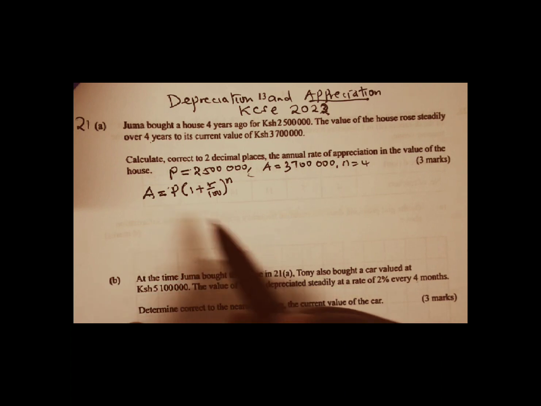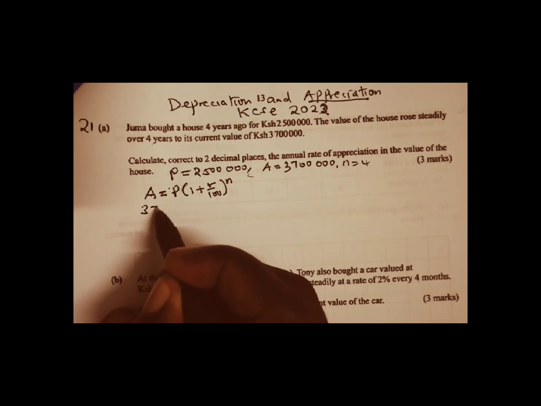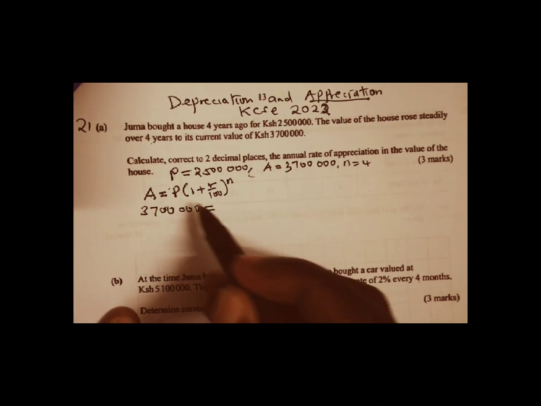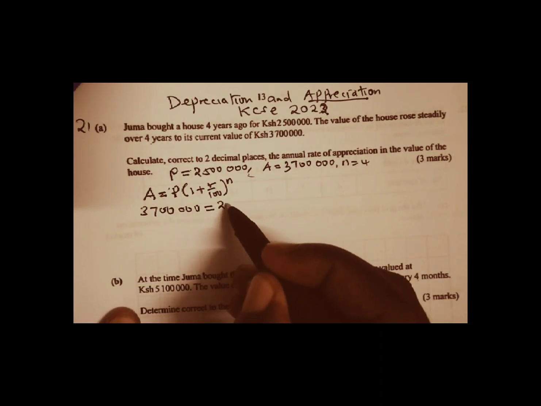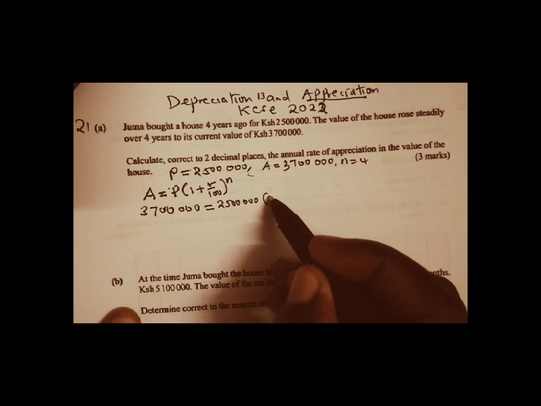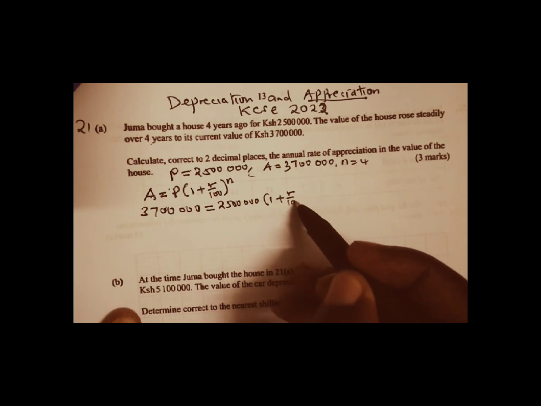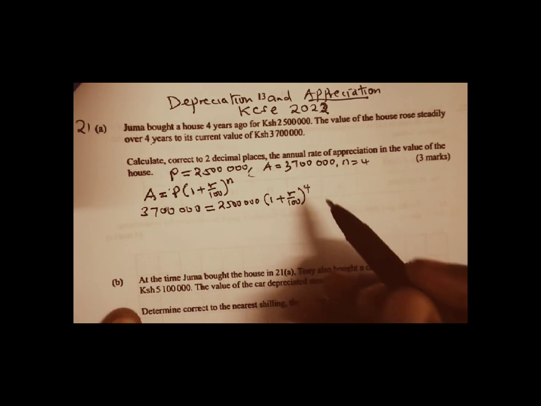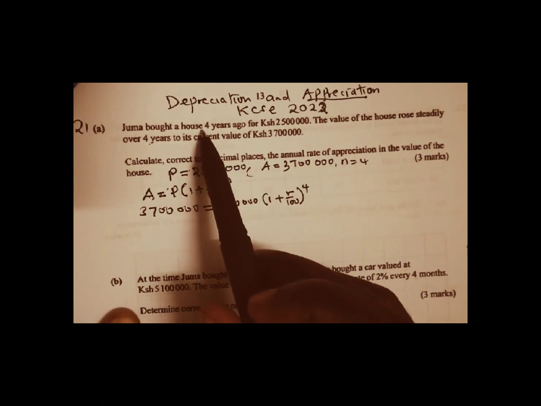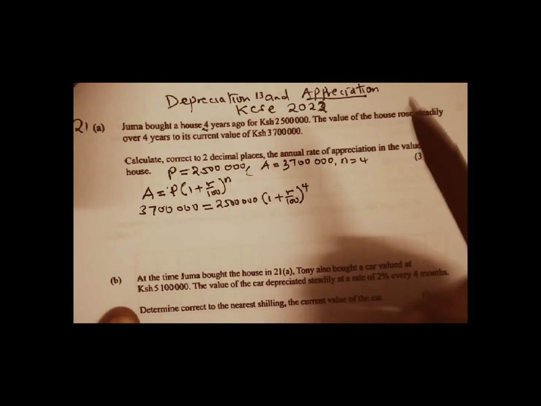In this case, our amount is 3,700,000, which will be equal to the principal, which is 2.5 million. We multiply by 1 plus r, which we don't have, divided by 100. Then you raise everything to 4, since it has increased in value for the last 4 years.